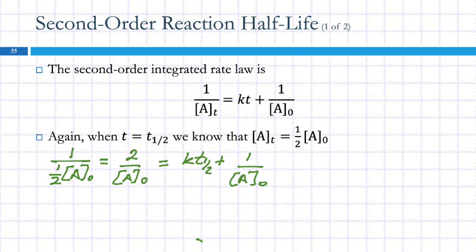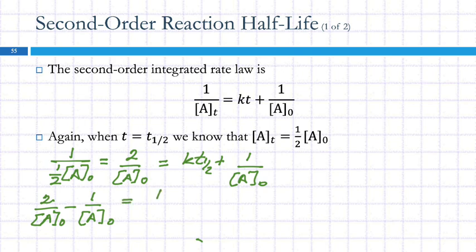So to solve for T1/2, I need to get rid of this. This is what I want to keep. Stuff that's added or subtracted, you get rid of that first, and then you can divide by stuff. So I'm going to take this and subtract it from both sides. So I'm going to get 2 over A0 minus 1 over A0. What does that equal? 1 over A0, right?